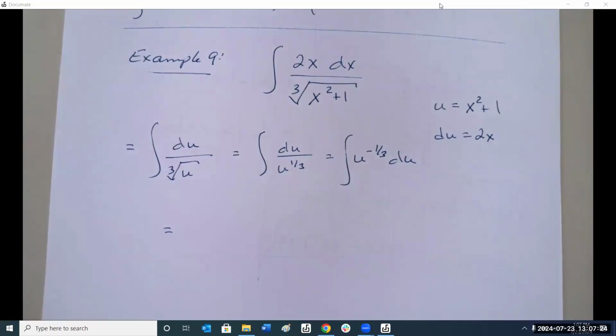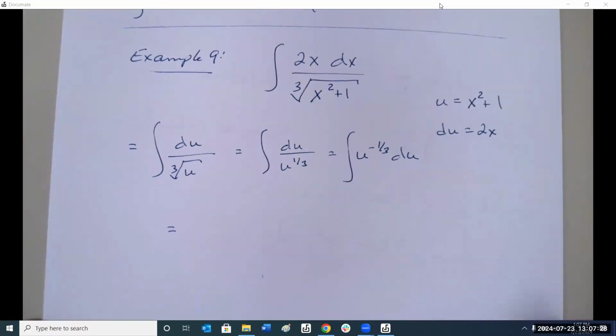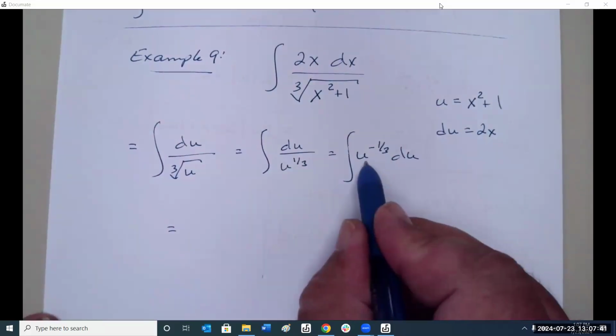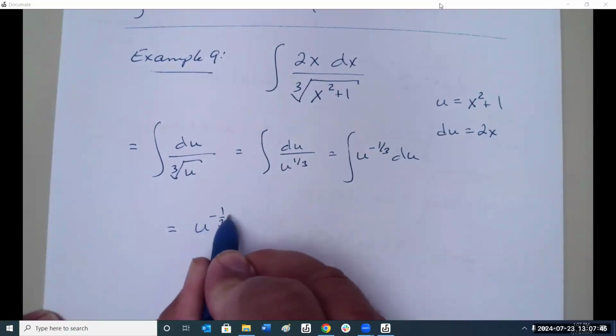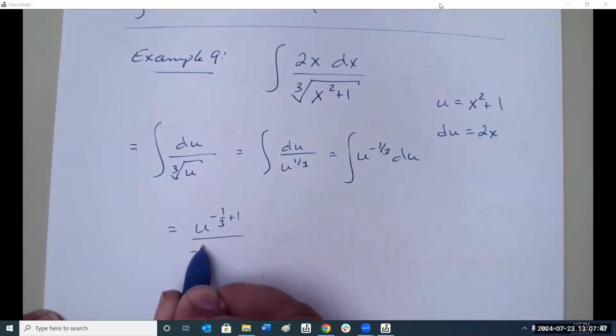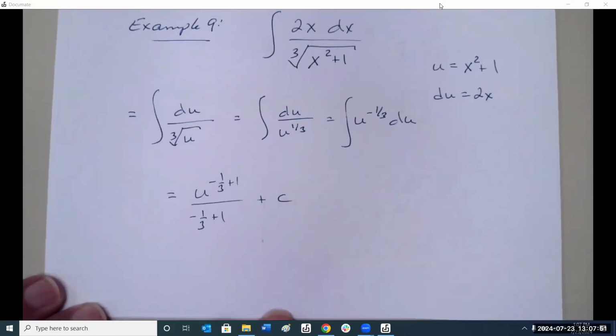So what's the integral of that one going to be? It's just u to the power n. It's going to be u to the negative 1/3 plus 1 over negative 1/3 plus 1 plus c.